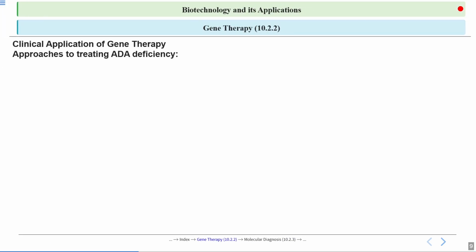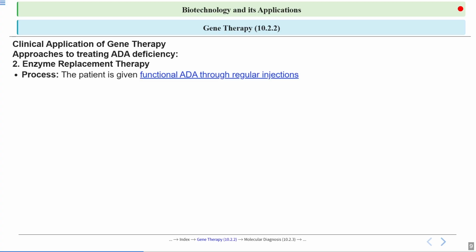So now what is the next approach? First we talked about bone marrow transplantation. Second is enzyme replacement therapy. In this we try to replace the enzyme. So what is the process of this therapy? First, the patient is given functional ADA through regular injection.